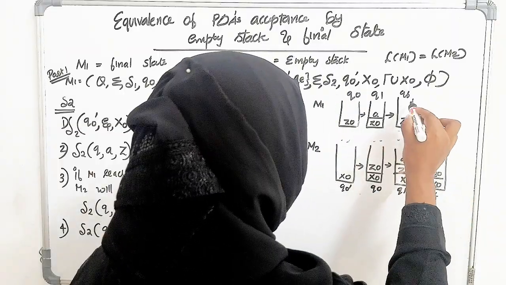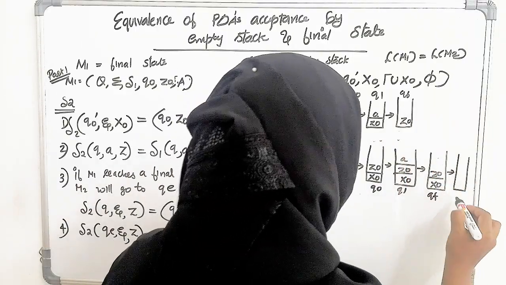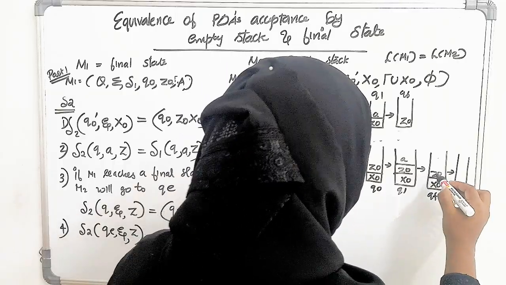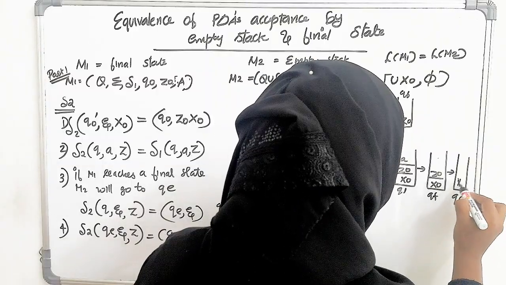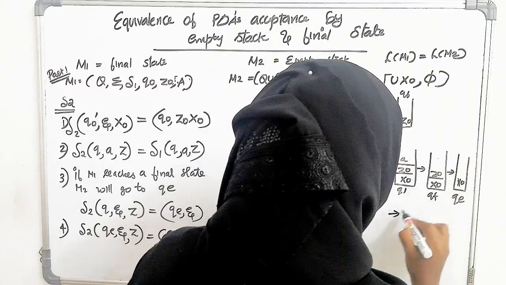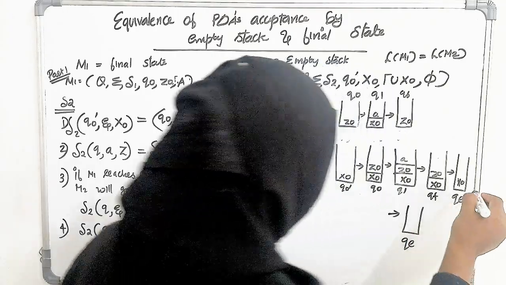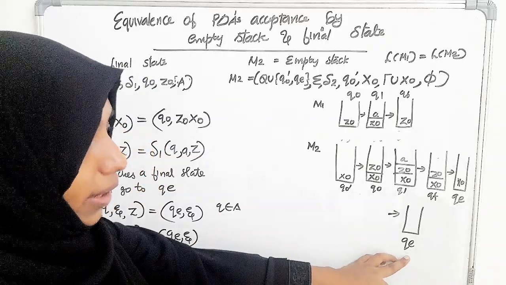Now M1 has reached the final state. So M2 will go to the erasing state QE and will remove Z0 first. So it will have X0. Also it will remain in QE and delete this X0 also. So at the end the stack will be empty.